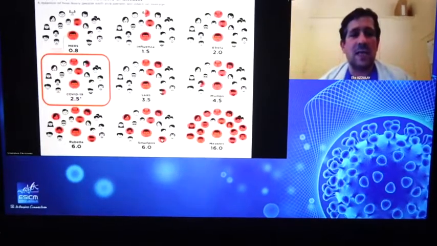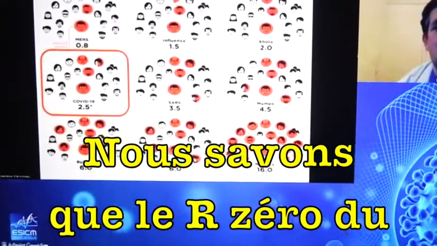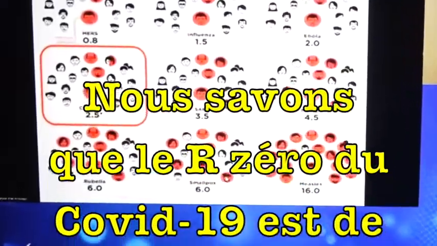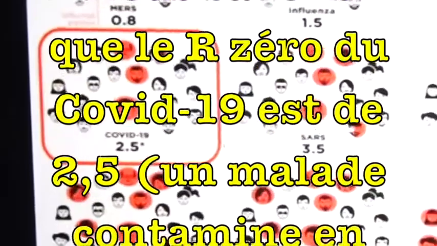We know that the ability of COVID-19 to spread has an R0 of 2.5, so the problem is really how we can stop the disease.